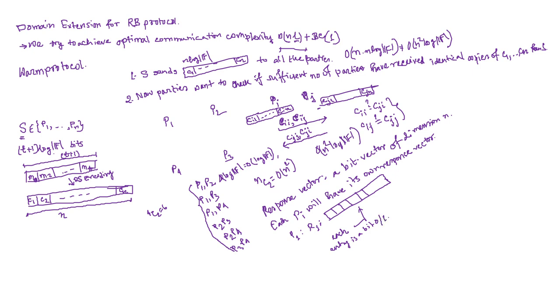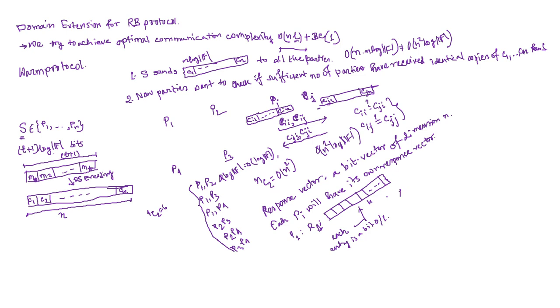So r1 is the response vector of P1. Now there is some particular index, say k. Now the kth index of vector r1 is set when P1 and party Pk are consistent with each other.